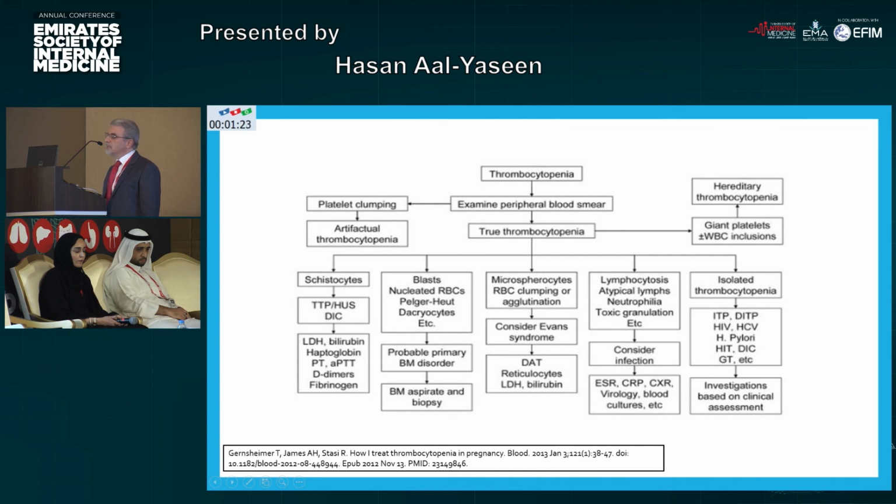And lastly, if you have isolated thrombocytopenia, then you are dealing with the famous ITP, and you have to look for whatever is associated with ITP, like hepatitis C, HIV, H. pylori, or other causes.